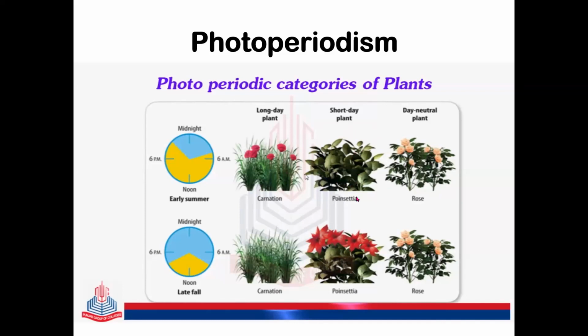So poinsettias are short day plants that will flower in winter. The carnations will flower in summer. I don't know if you knew that. Why this? Now, it's found with short day plants that require a long night.